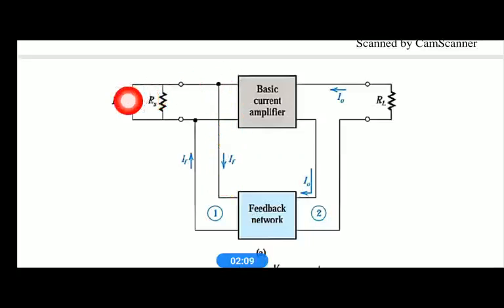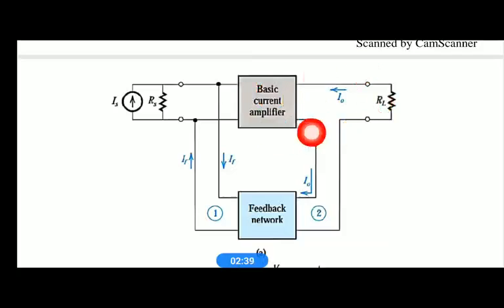You can see clearly that IS is the applied current, and it is divided into two currents. One current is here, another is here. The current flowing here is the input current II, and the current flowing here is IF. So IS minus IF is the input current II.